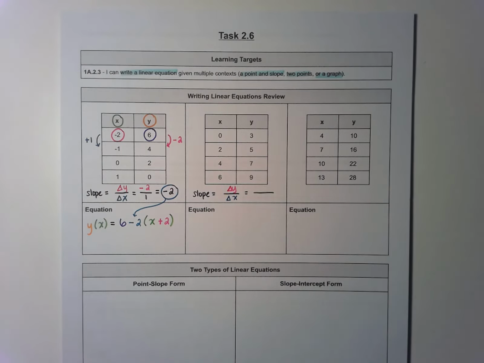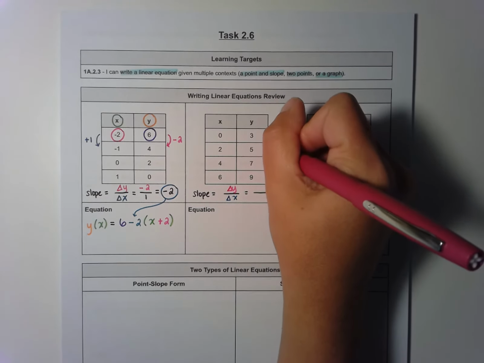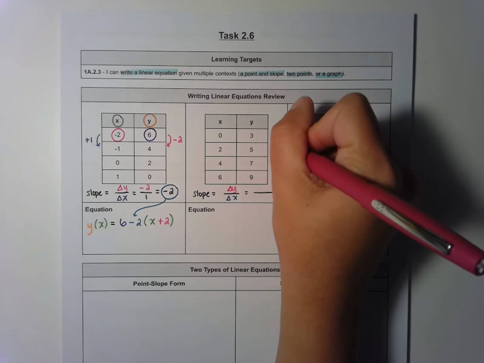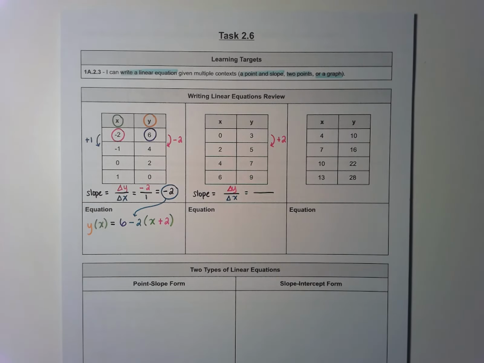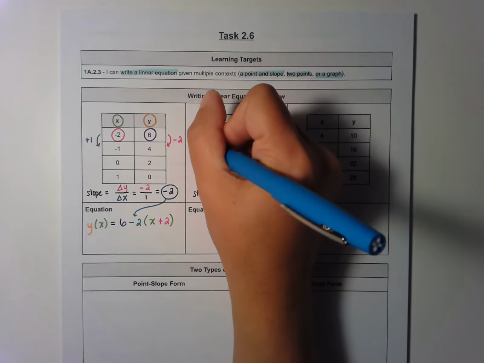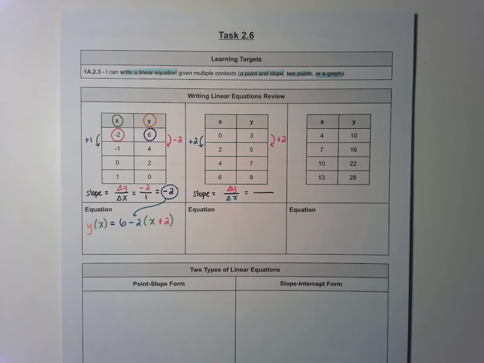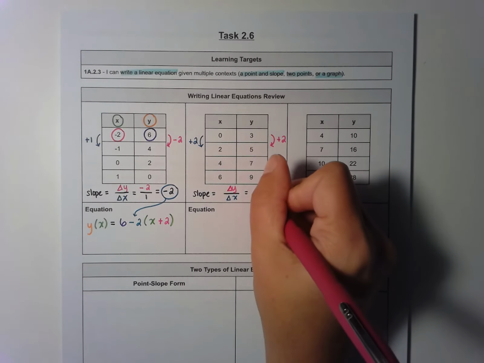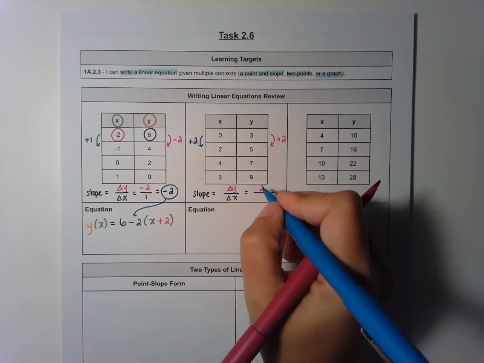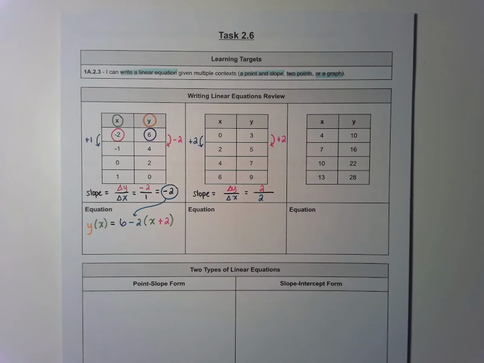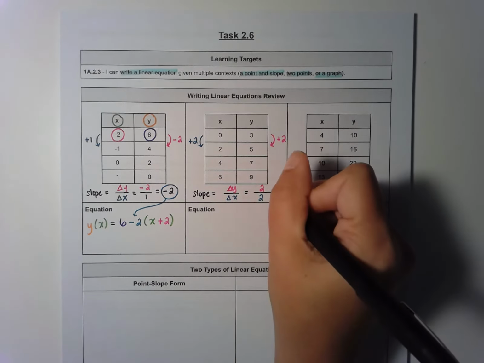In this case, change in y, if we go from 3 to 5, would be +2. And change in x, if we go from 0 to 2, would be +2. So my slope fraction would be 2 over 2, which simplifies to just 1.